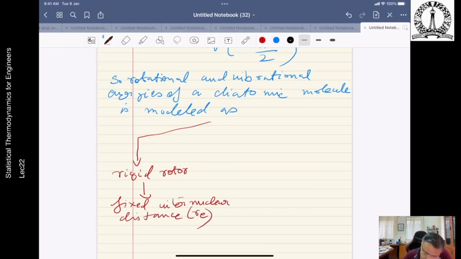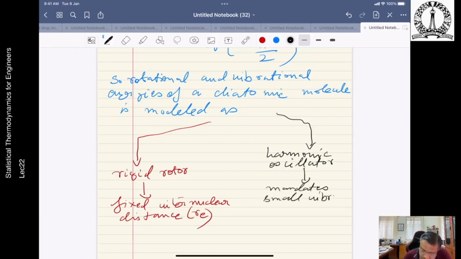And on the other side, you have the harmonic oscillator, which mandates small vibrations around R e.